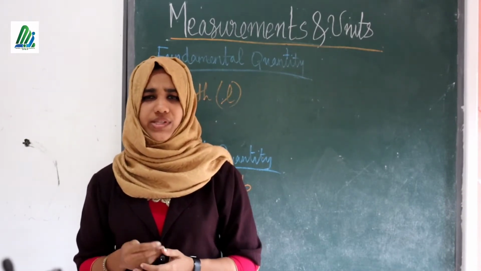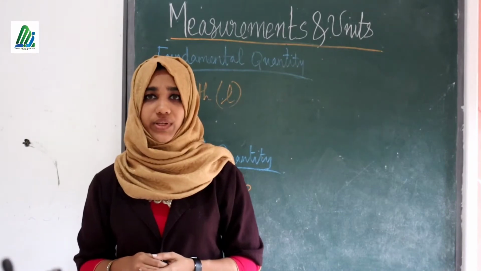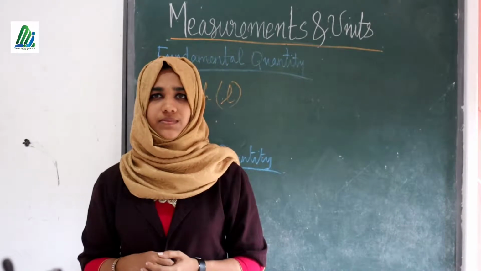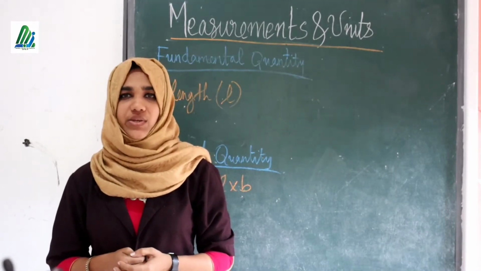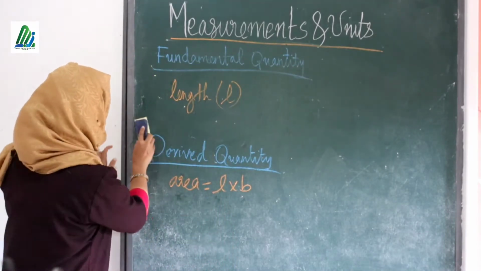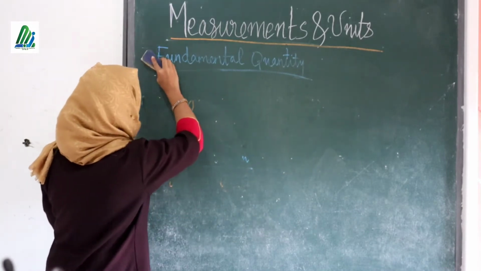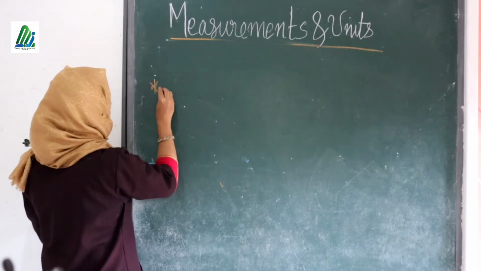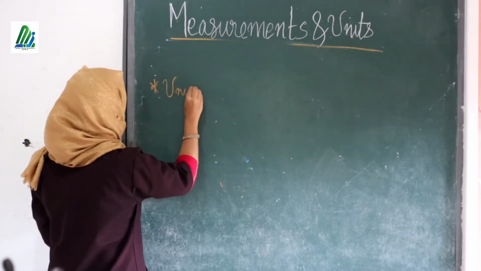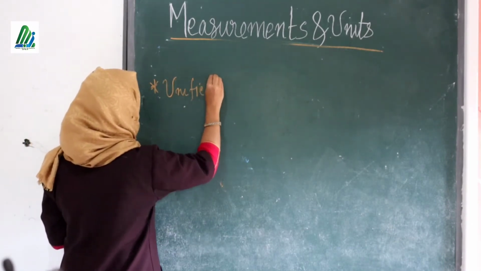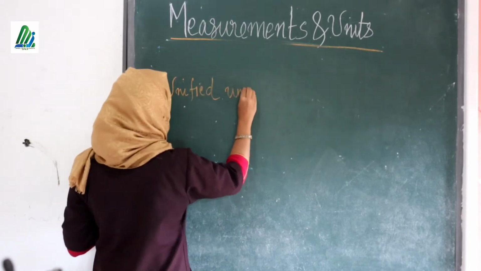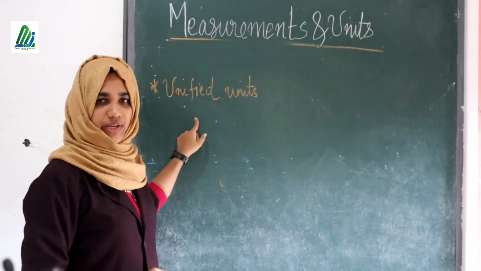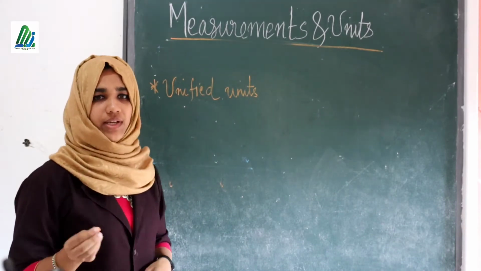Do you know the salient features of SI units? The first one is that they have unified units, that means they are uniform in nature.